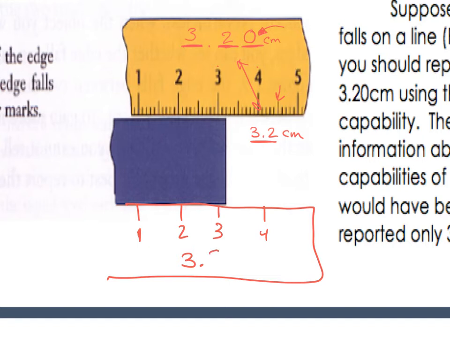So less than halfway, so I would use 3.2 centimeters. Okay. So the actual measurement is 3.20 centimeters with this ruler. If I used a different ruler with fewer divisions, I would say 3.2. That 0, again, is important for telling us which kind of scale was on our measuring instrument.